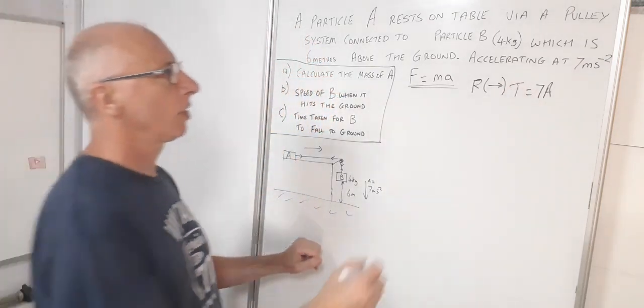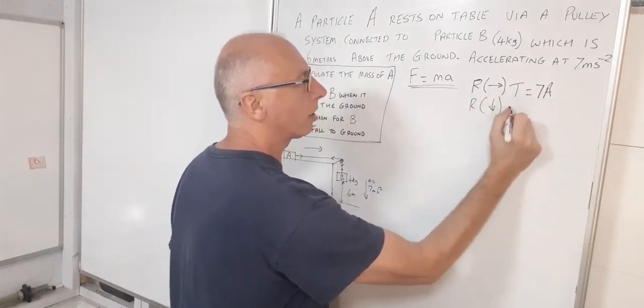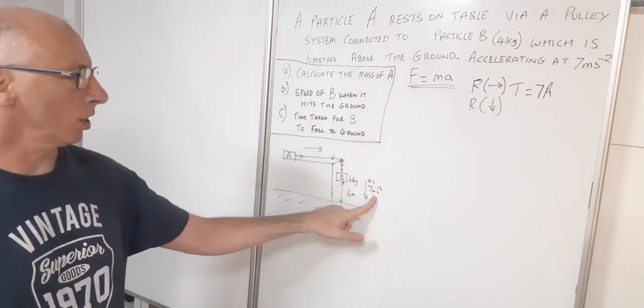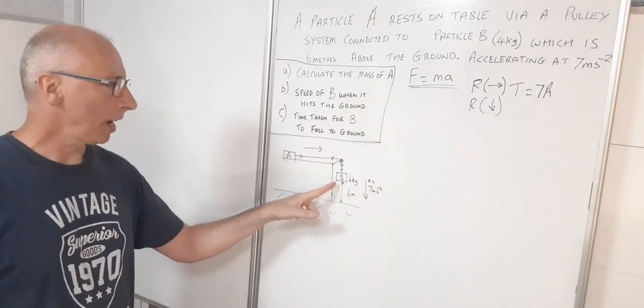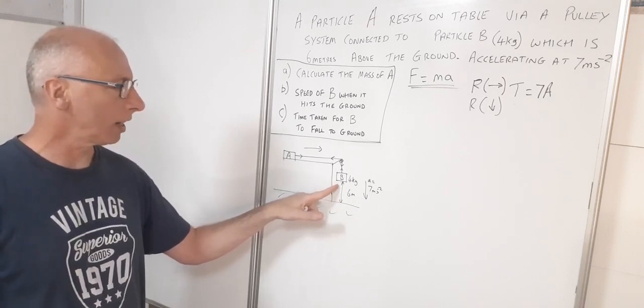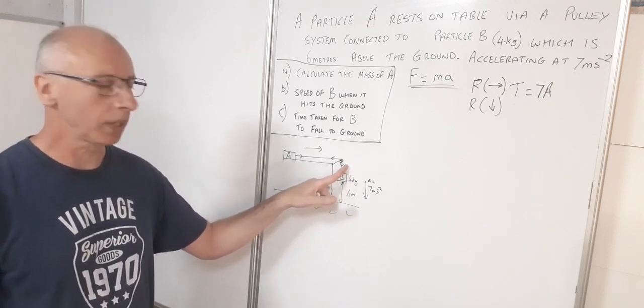Now we need to resolve vertically downwards. So that's in the correct way for the acceleration. So the acceleration here is going to be positive. So what we have here, we have the force of this will be the tension in the ropes subtracted from the weight of the box, because the tension will be pulling on the ropes here.